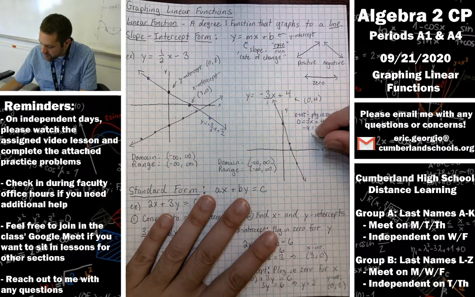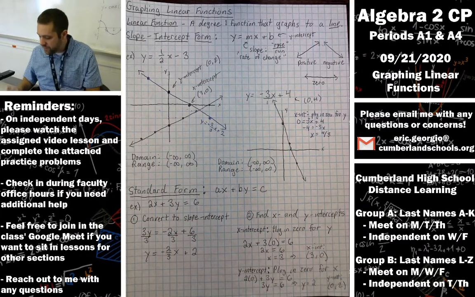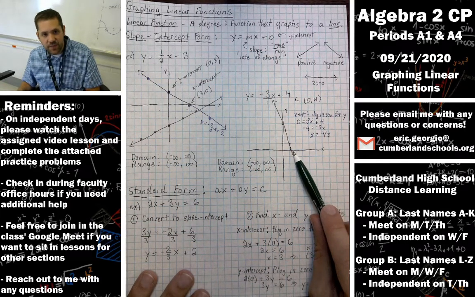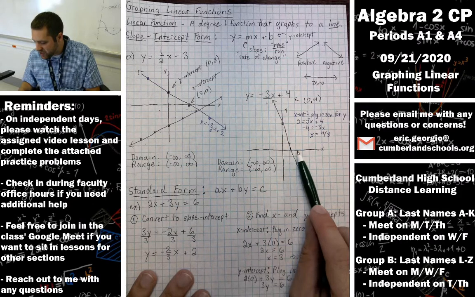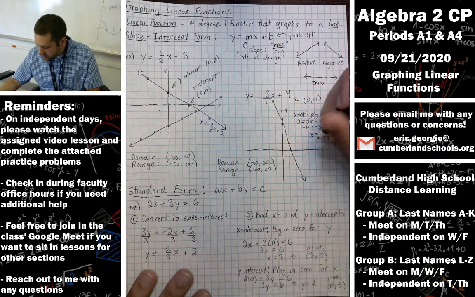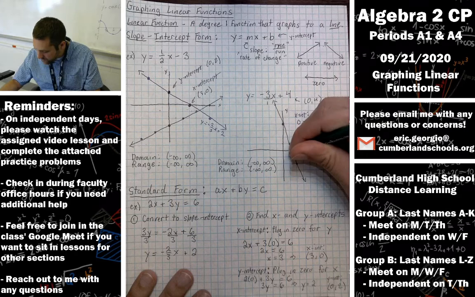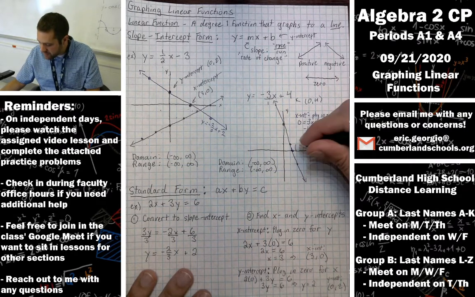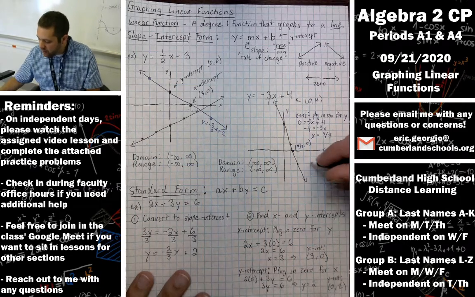Divide both sides by 3, you'd get x is 4/3, about 1 1/3. And if you notice with my line, I wasn't super exact, but it does cross the x-axis a little bit past 1. And if I was being very exact, that would in fact be at 4/3, comma 0, or 1 1/3, comma 0.